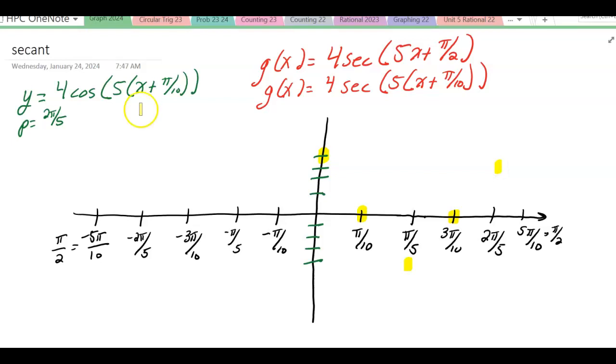But there's a shift, and that shift here, I'm going to highlight it in pink. That shift is going to be left pi over 10. So instead of being at the yellow dots, I'm going to shift everything over pi over 10, and you can see I'm putting these red dots. So every point is going to be shifted over.